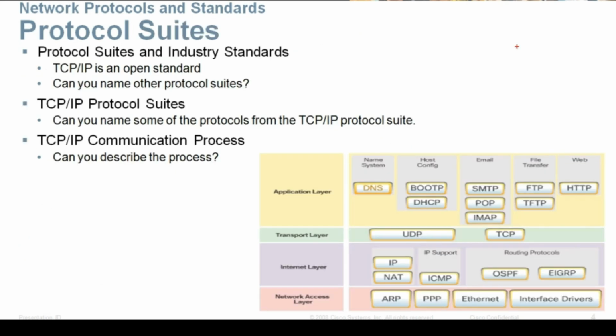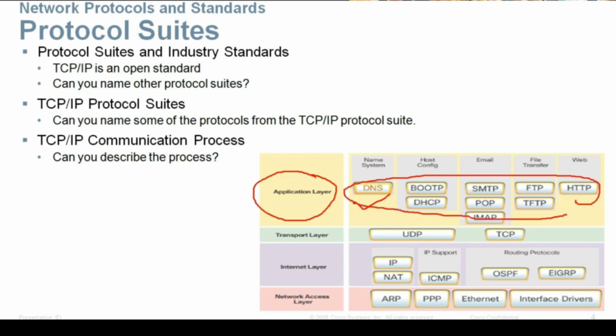Now we see the entire protocol suite which is available. As we discussed in the last slide, the application layer offers the DNS, BOOTP, DHCP, SMTP, POP, IMAP, FTP, TFTP, and HTTP protocols. You have to use these protocols according to your application requirement. If you want the name system, you use DNS.